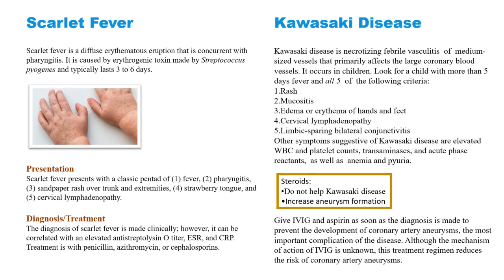The other findings which suggest Kawasaki disease are elevated WBC, platelet counts, transaminase, and acute phase reactants, such as anemia and pyuria. Here there is a clinical tip.